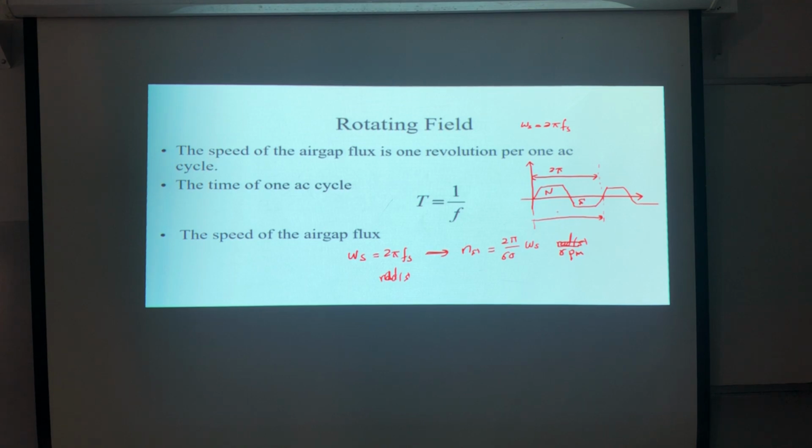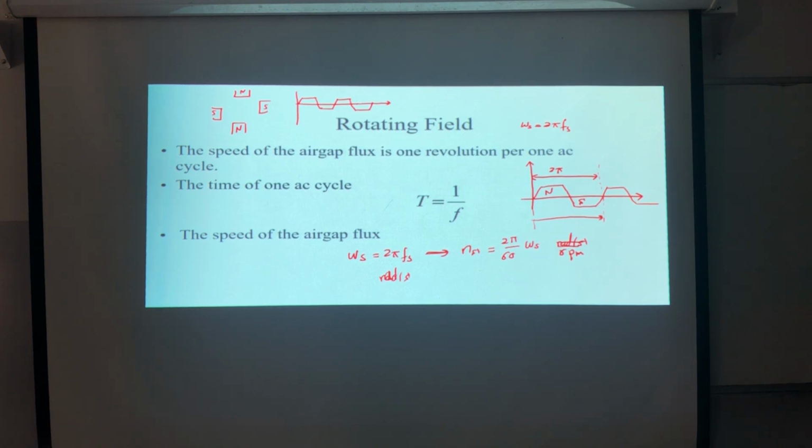Yeah? Now, if I'm having four poles, let's assume this is a north, this is a south, this is a north, and this is the south. Now, what will happen here? Here I will have a north, south in one revolution, correct?